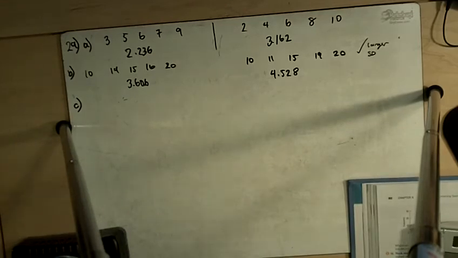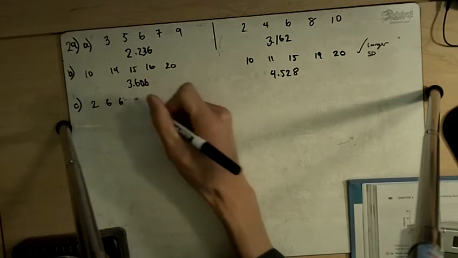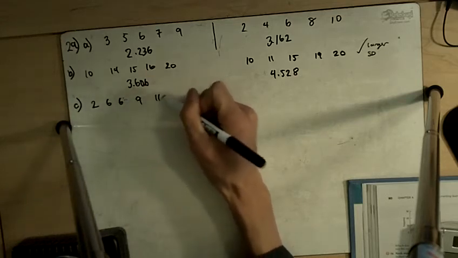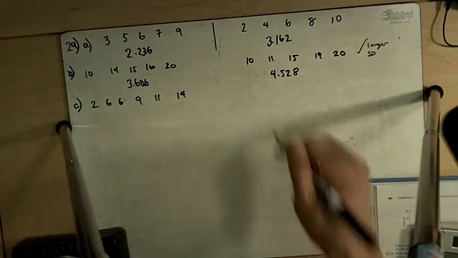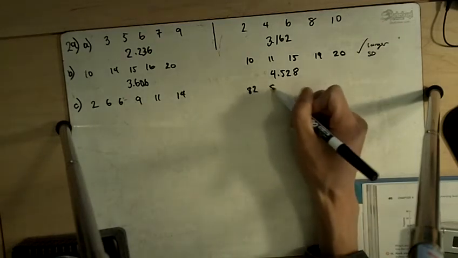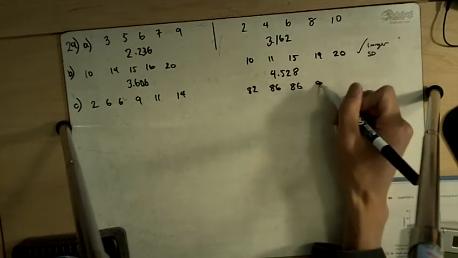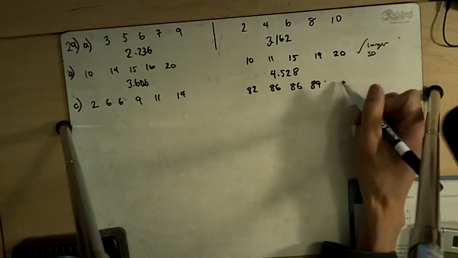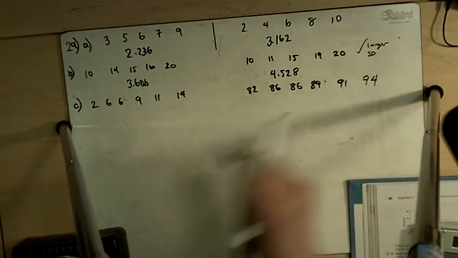Alright, and the last one we have the numbers 2, 6, 6, 9, 11, and 14. And over here we have 82, 86, 86, 89, 91, and 94.